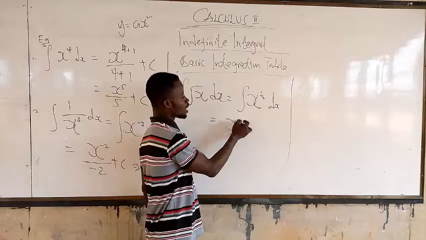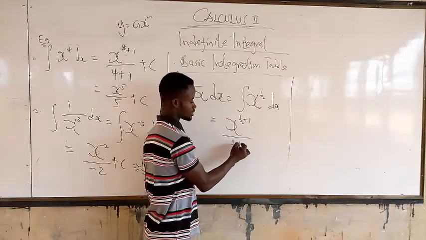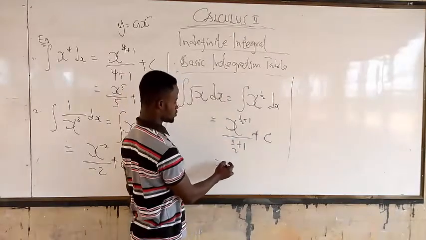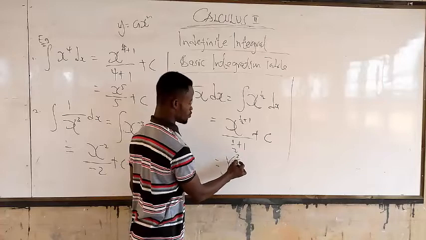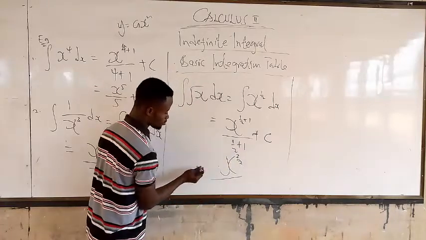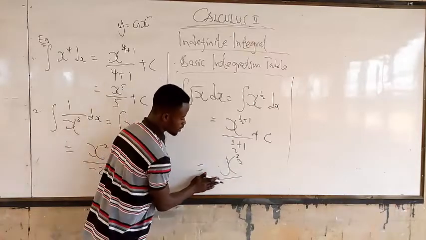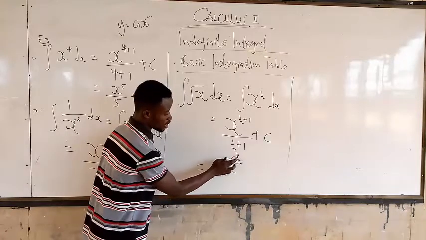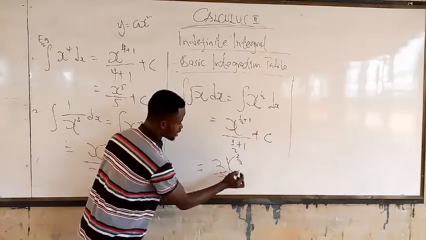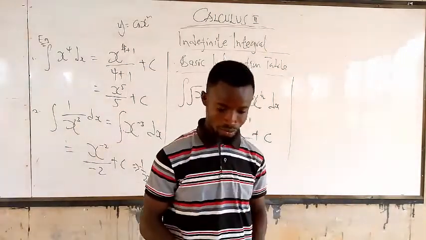Now, you add 1 to the power and divide by the result, and add plus c to it. So this is going to give you s to the power 3 over 2, then all this over 3 over 2. When you divide all by 3 over 2, it's the same as 2 over 3 here plus c.